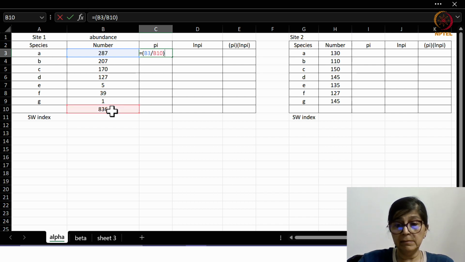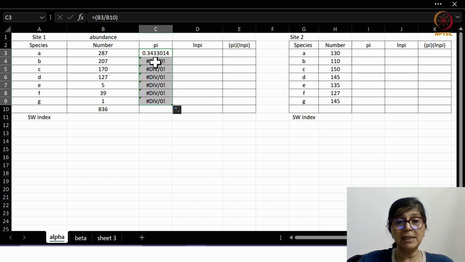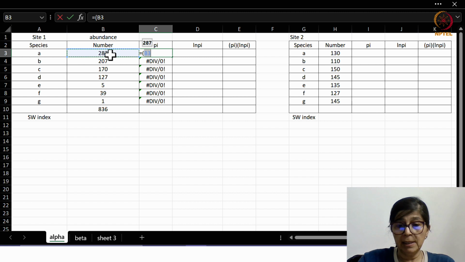Another way that you can do it is you select the species abundance number and just type the total number.